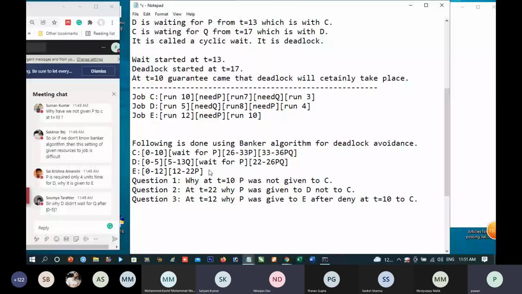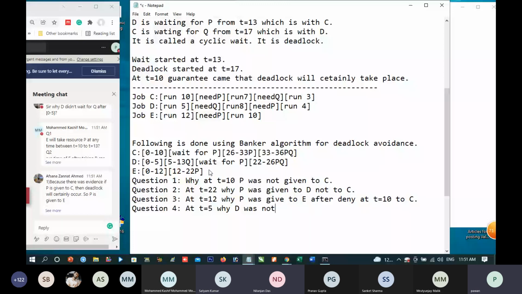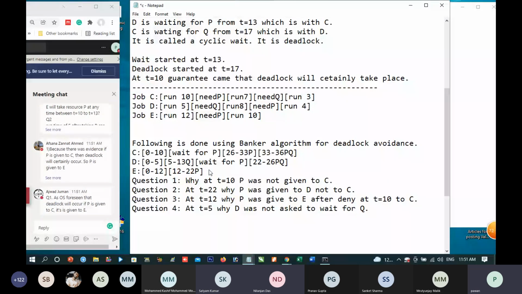Question 4: at t equal to 5, D was not asked to wait for Q. Reason?